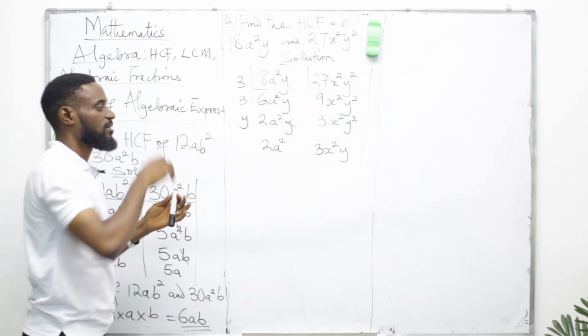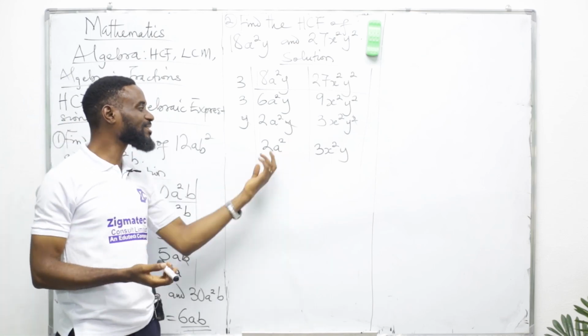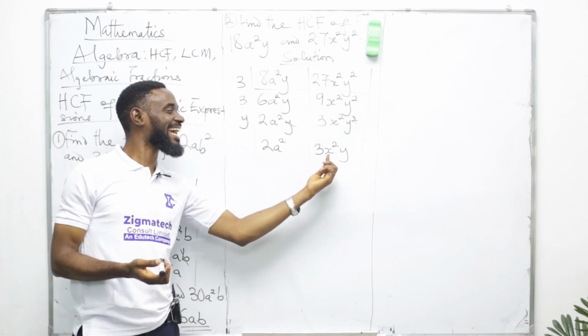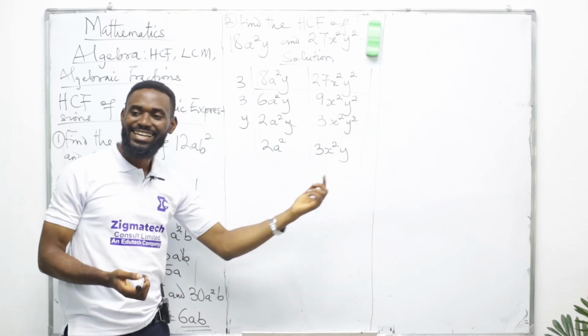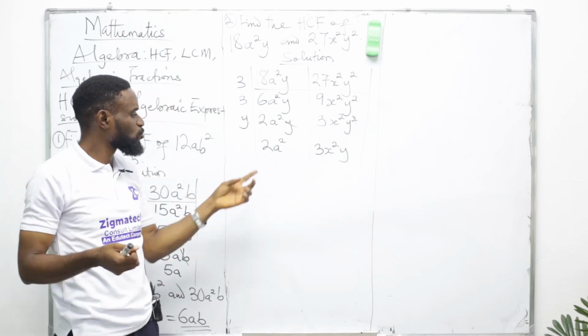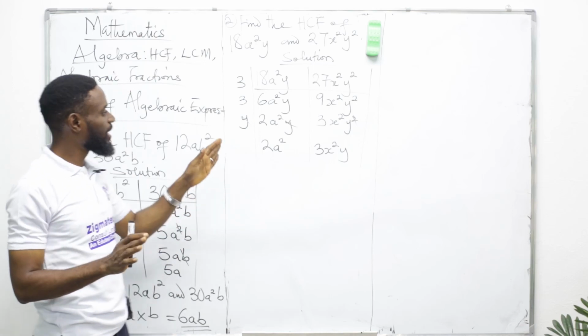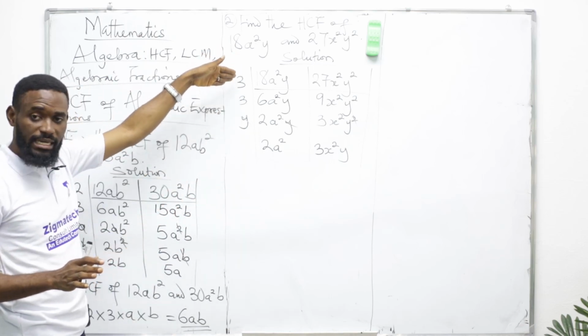Now, if you look at this now, we don't have any expression that is common in the two expressions. This is 2a squared, and there is nothing in 3x squared y that is common, that is relating to 2a squared. So because of that, we take our HCF from here.